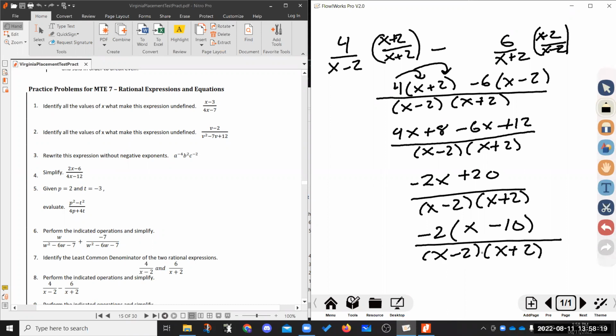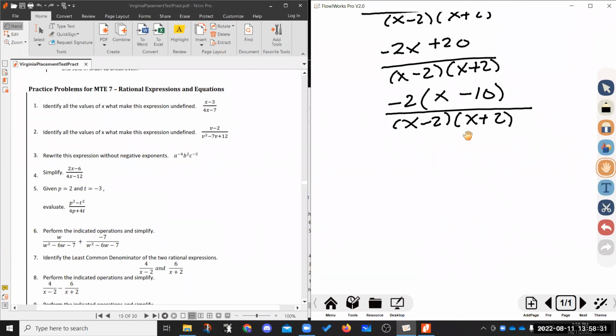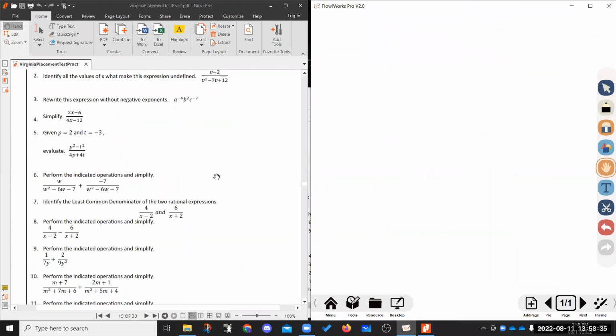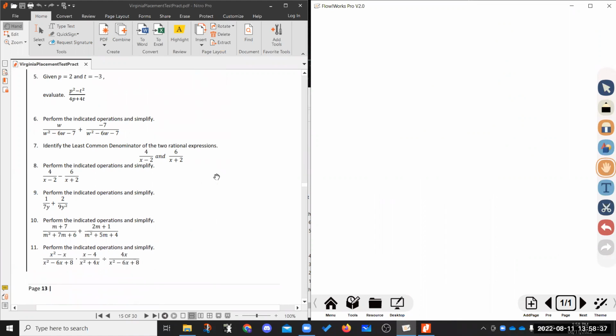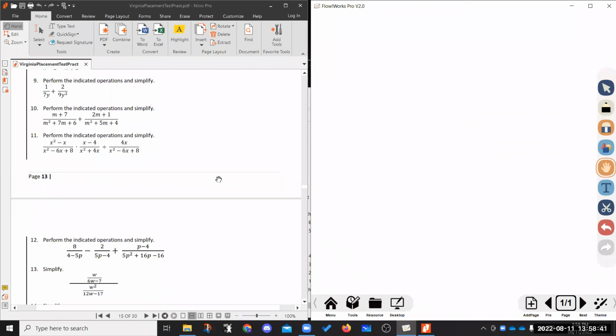And nothing cancels out in the numerator and denominator, so I am done. That's how we're going to simplify fractions. We're going to write them in completely factored form so that we see that everything that can be canceled out has been canceled out.